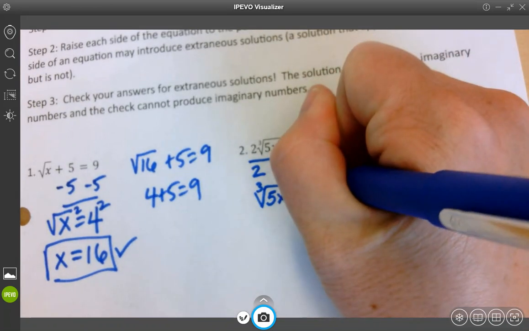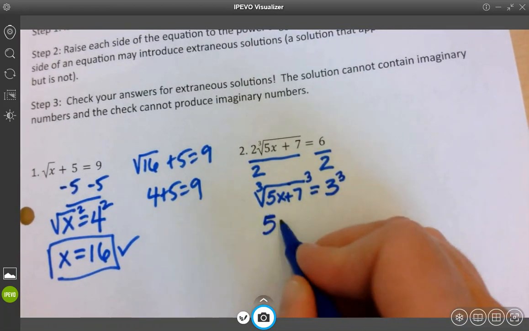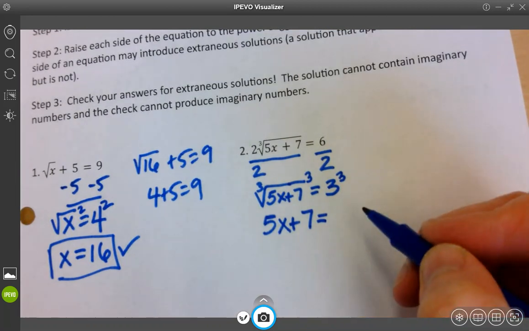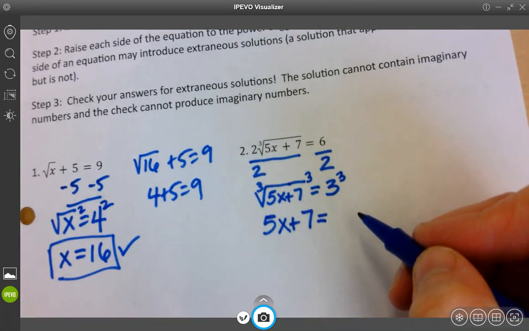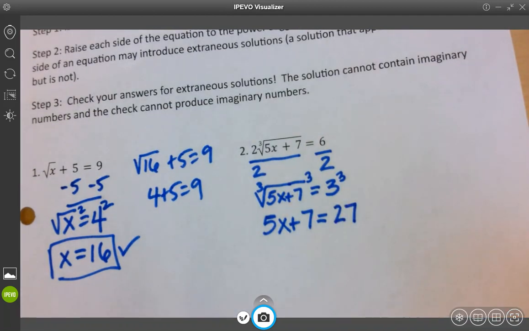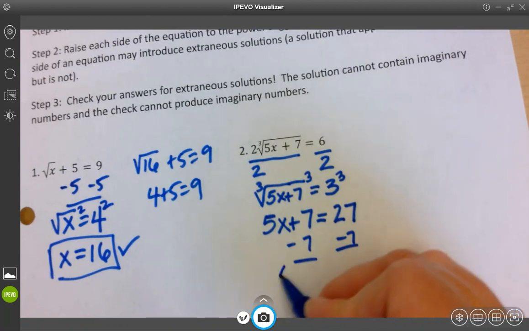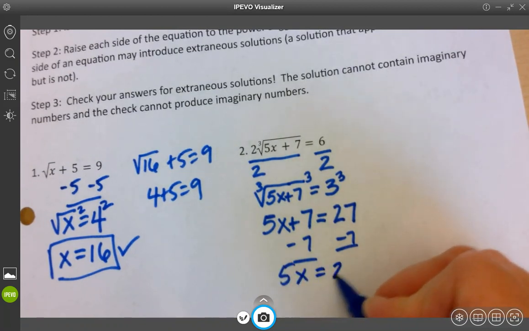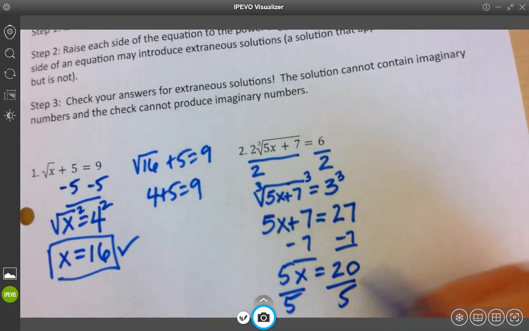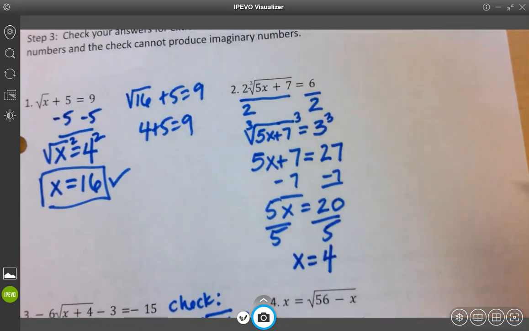So raise the cube root to the power of 3. Those are inverses. Three to the third is how much? 27. Good. All right, then you subtract the 7. And then what's our final answer? 4? Good.